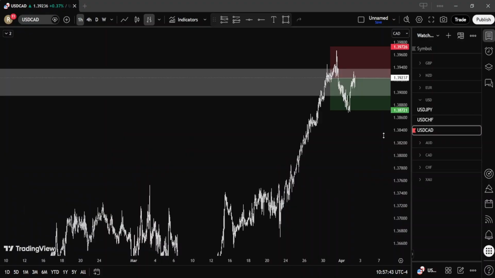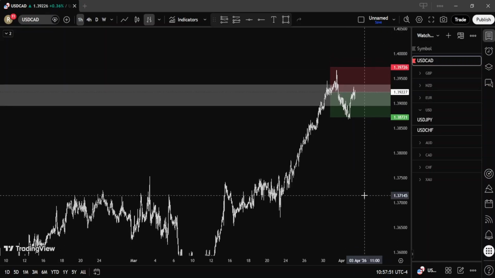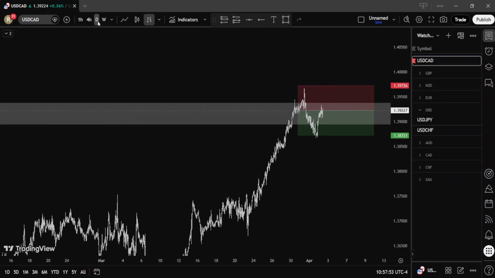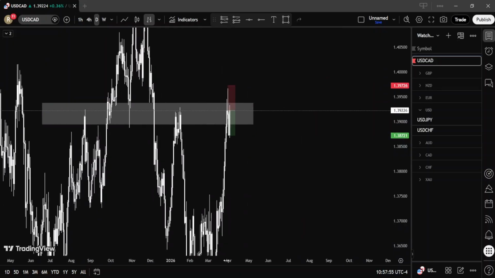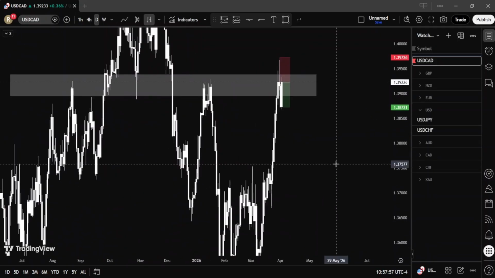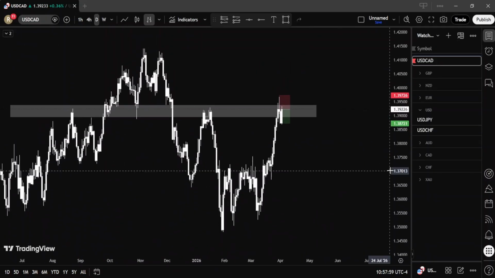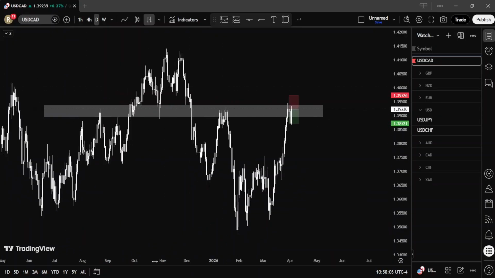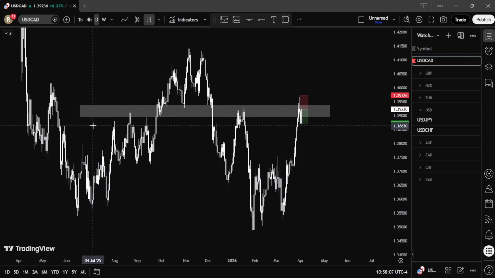USDCAD, that was the pair. We were on the daily chart, and I was predicting, since it got down here, it reacted here, it reacted here, mainly those 3 points of reaction.